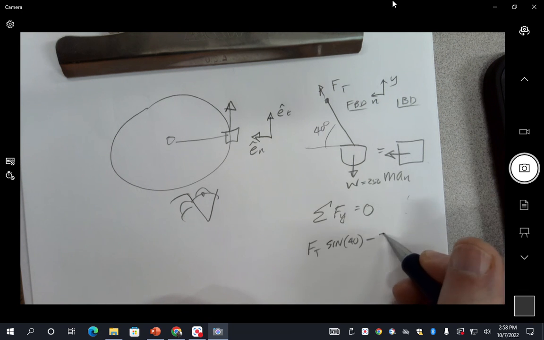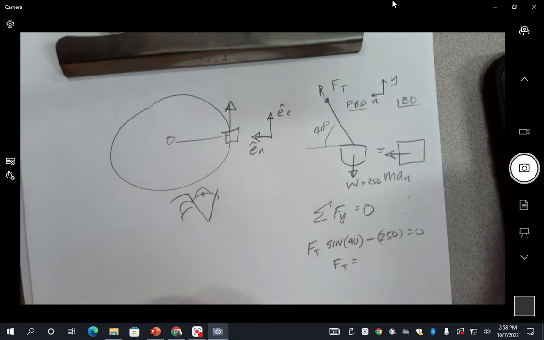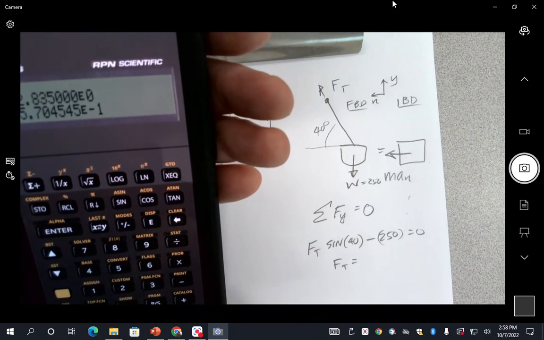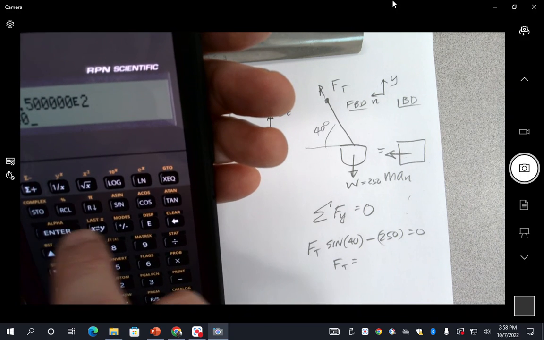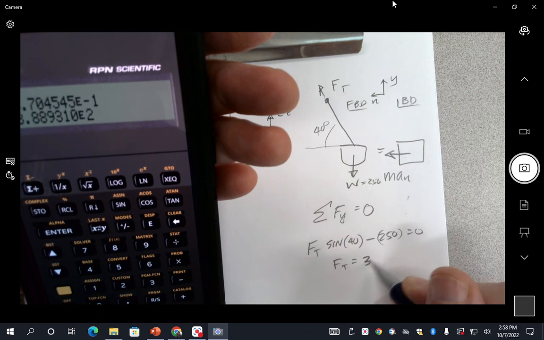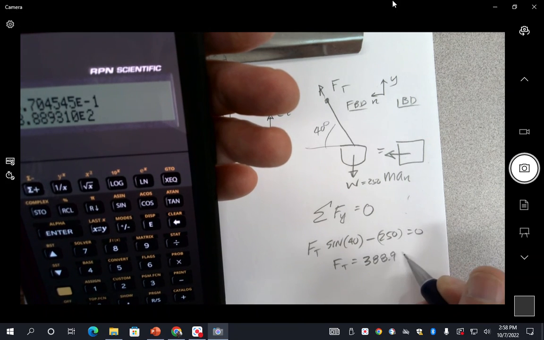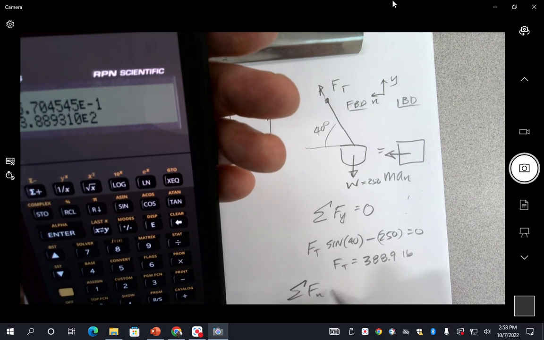So the tension is just 250 divided by the sine of 40, so 388.9 pounds.